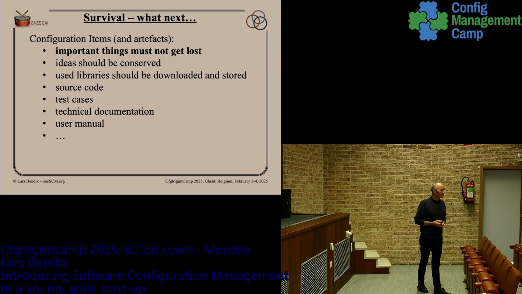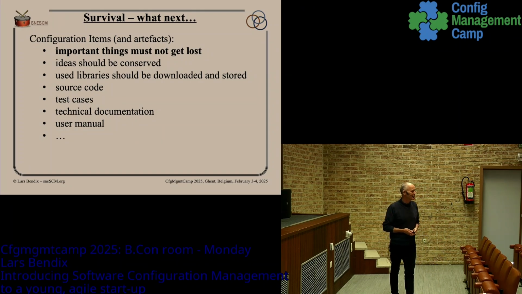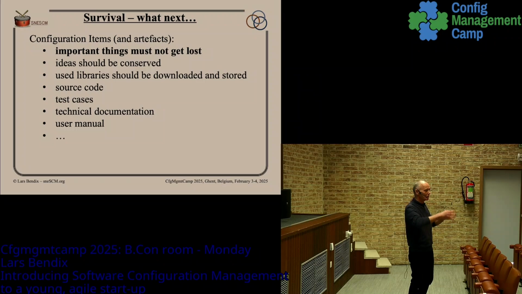These young guys have to make sure that once we have all our bright ideas up on the whiteboard, the mother of the guy that has the garage doesn't decide that she wants to clean up the whiteboard to make a little bit of order in the mess that these guys have created. Then all our ideas go away. So they might be important and they might be considered configuration items.